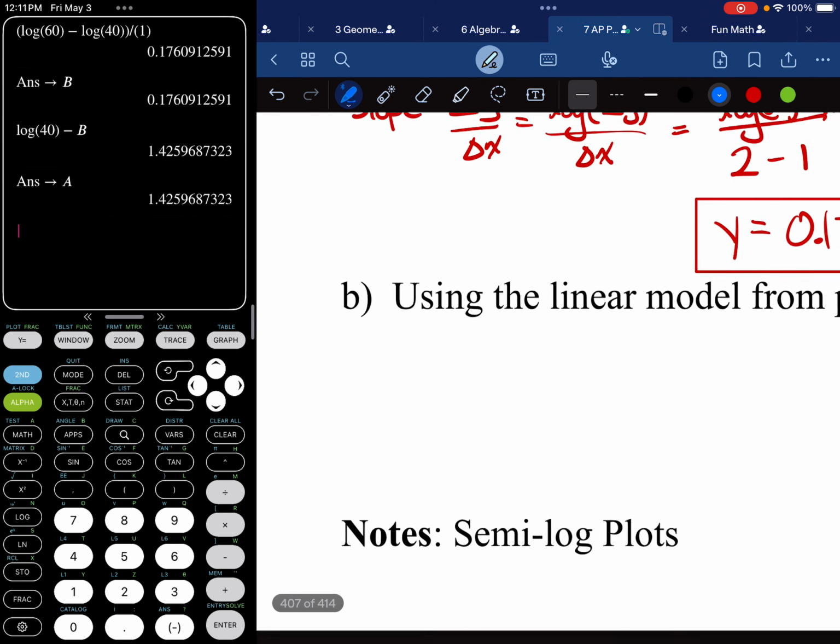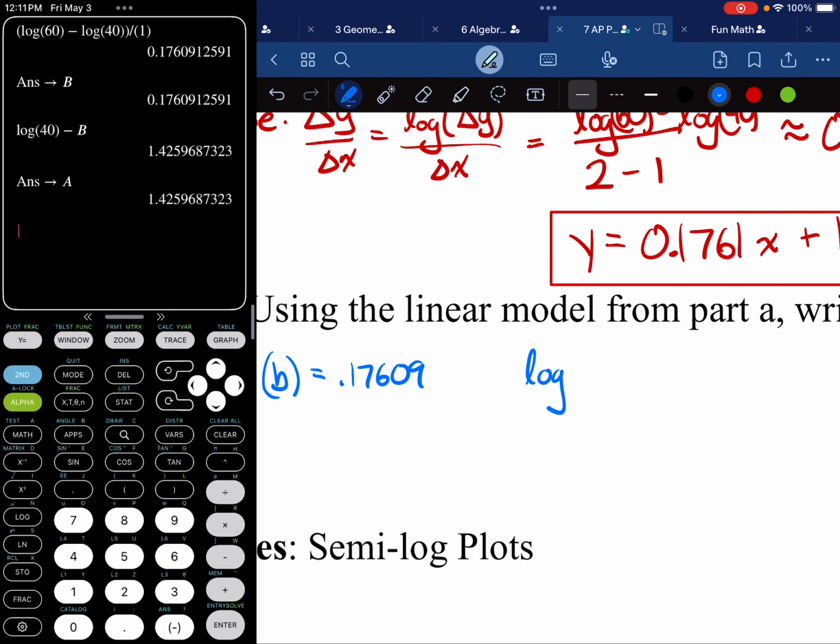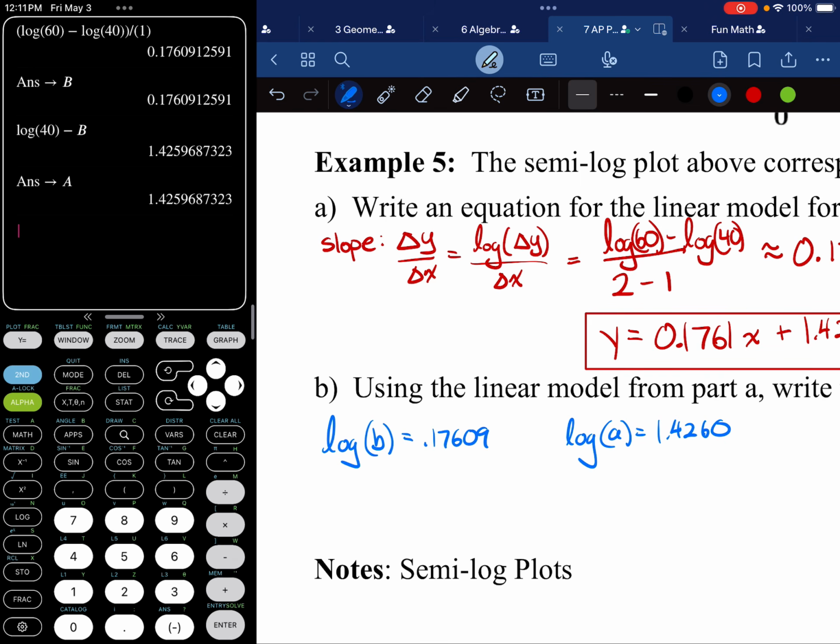I really had log of b is equal to 0.17609, and I had log of a is equal to 1.4260. Oh wait, I rounded that one to a 1 here. I was just reading off the calculator, so it's a little bit off, but that's okay.